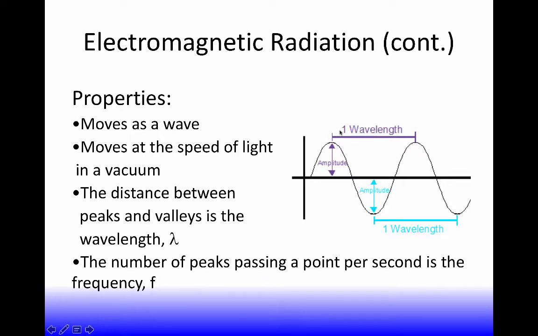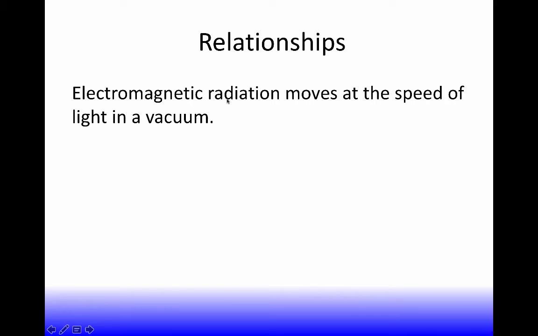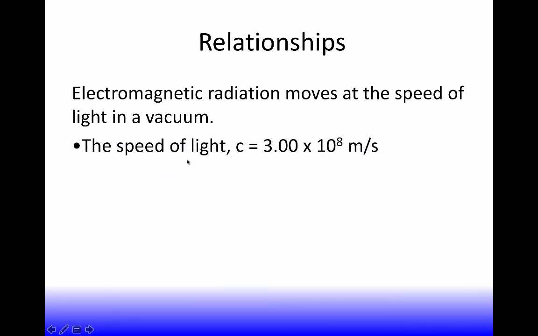Now the distance between the two peaks or two valleys is the wavelength, and we use this symbol lambda. And the number of peaks that propagate and pass a point per second is frequency. Okay. Now, here are some simple relationships. Like we said, electromagnetic radiation moves at the speed of light.